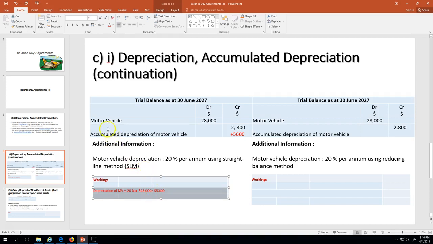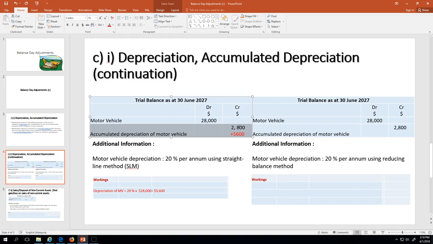So this accumulated depreciation, 2,008 plus 5,006, the amount will be reflected in SOFP. Why is it so? Because SOFP records A equals L plus EQ. So minus A would be recorded under assets.